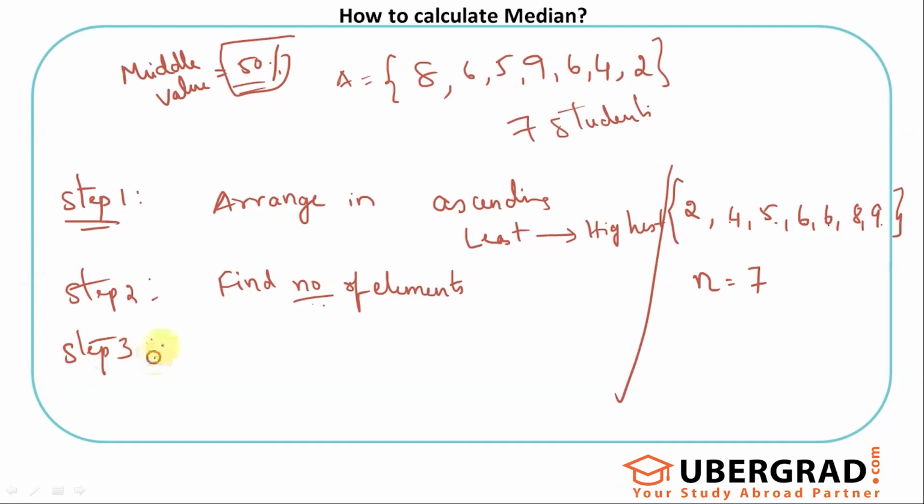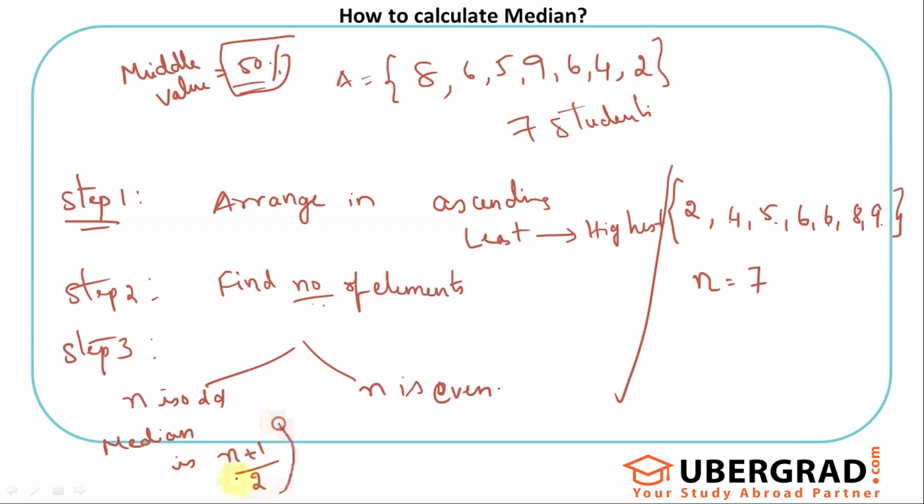Here we have two different routes to take. Depending on whether n is odd, we do one thing; if n is even, we do something else. If n is odd, the median is the (n plus 1) by 2th term. Not that (n plus 1) by 2 is the median; it is the (n plus 1) by 2th term.